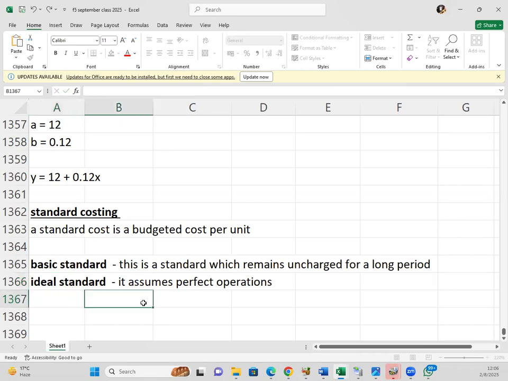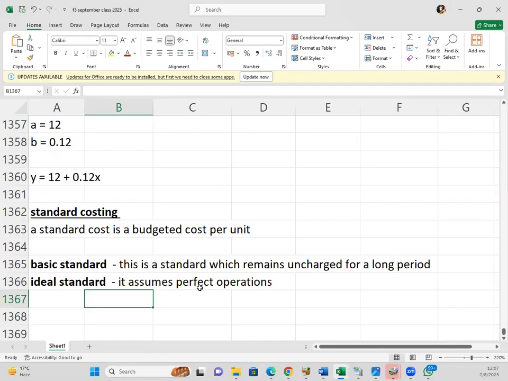If we are setting a standard, we can say you realize that they are able to produce one item in an hour. Then since you're working for 6 hours, every day we want 6 units. That standard did not give an allowance that this person will need a break, this person will need lunch. It has been set assuming perfect operations, assuming this person is not going to rest, is not going to go for lunch, is not going to have any disturbance. So that's an ideal standard.